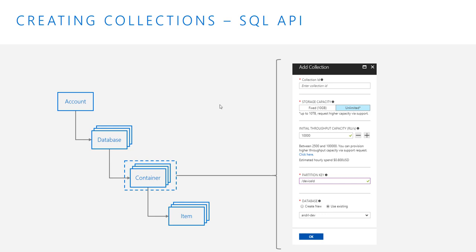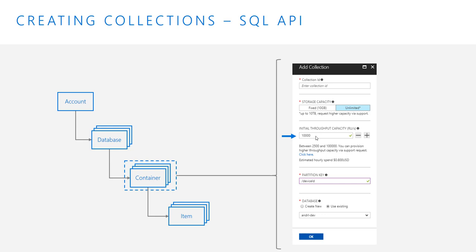Here's how you will create the collection below the database. Here you simply give the collection name and you choose what storage capacity you want, and generally if you choose unlimited, then it will continue to grow as your need grows. You don't have to worry ever about your storage. And here you are putting the initial throughput capacity.